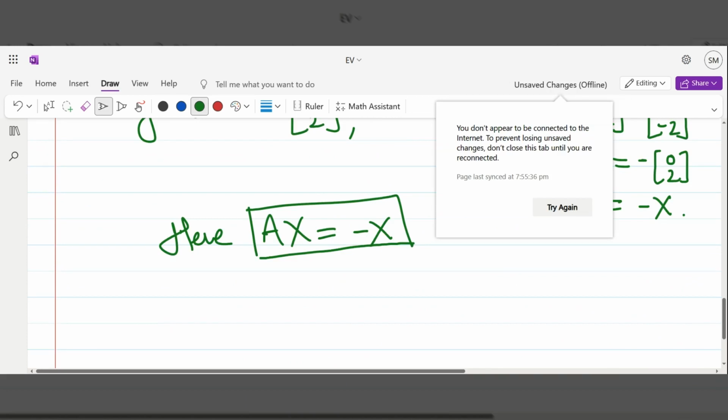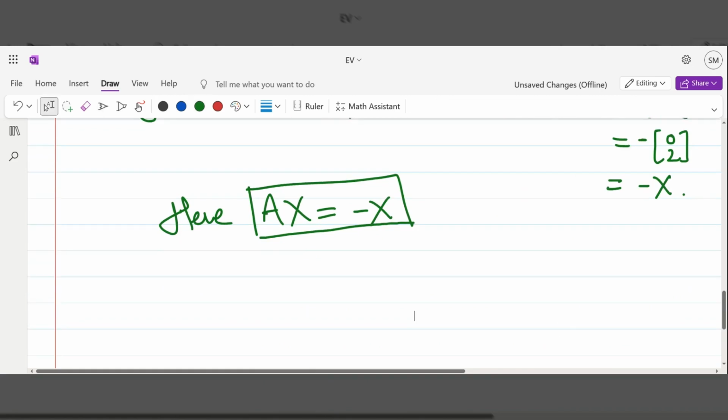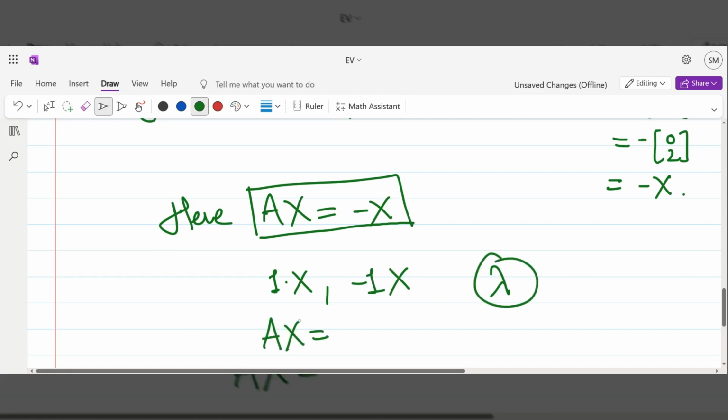So how can we interpret this geometrically? For a moment, if I replace the 1 and minus 1 values by some lambda, we can say that there are some vectors in R2 to which, when A is pre-multiplied, the output vector is a scalar multiple of the input vector.